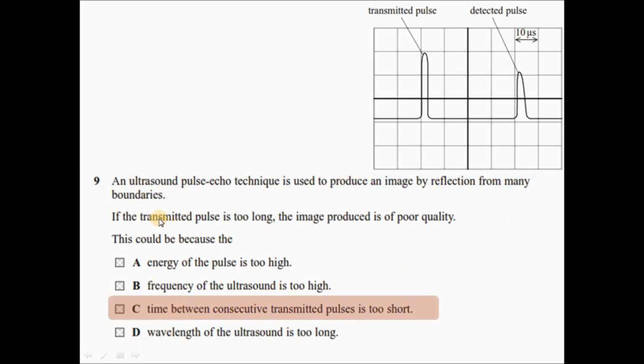Because if a transmitted pulse is too long, it will take a shorter time to return. Meaning, because of the too long pulse, the second pulse will be sent before even returning the first one. So definitely, because the first one is not returned properly, the image will be poor quality. So the time interval between the transmitted and the detected and the second one is too short. That's why it is C.